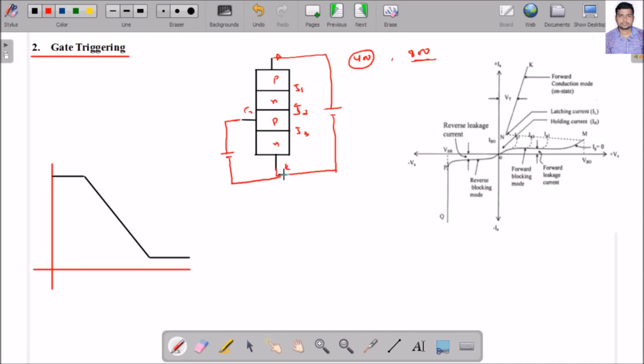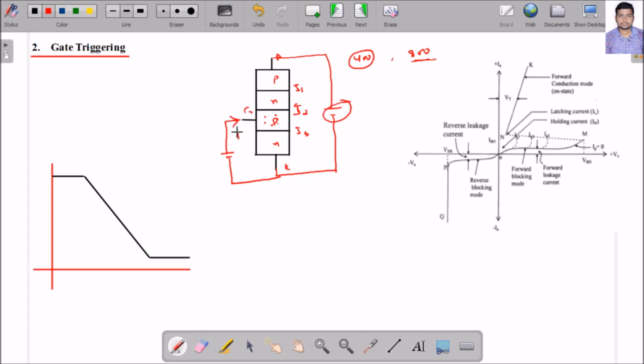The gate is given positive and the cathode negative. As the N region is heavily doped, the P region is flooded with electrons, and some of the electrons may cross junction J2 and break it. The voltage requirement depends upon the magnitude of the gate current.